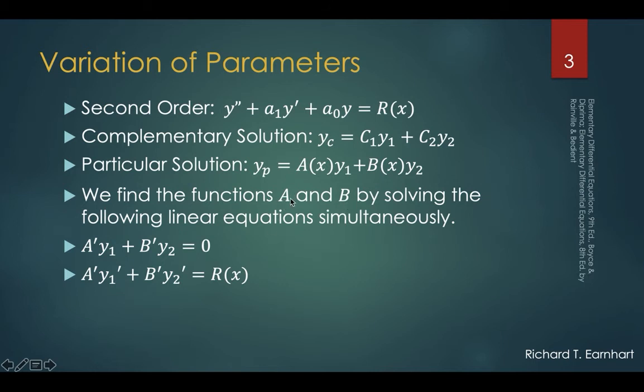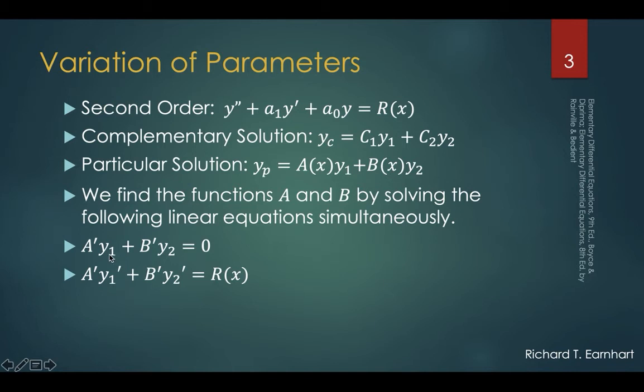Once you obtain a prime and b prime from the equations, we integrate a prime to get a, and integrate b prime to get b. As you can see, here you have the first derivative of a and the first derivative of b, so these will be our two unknown quantities.